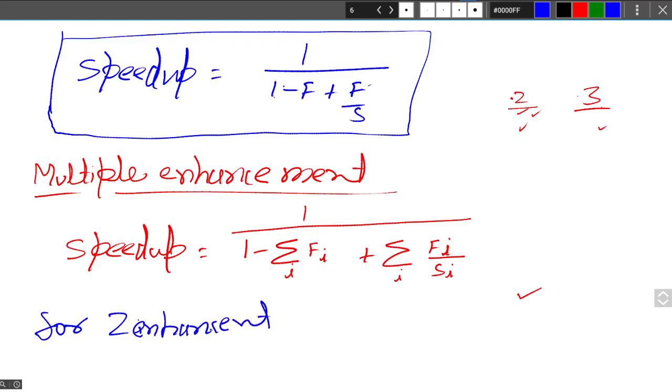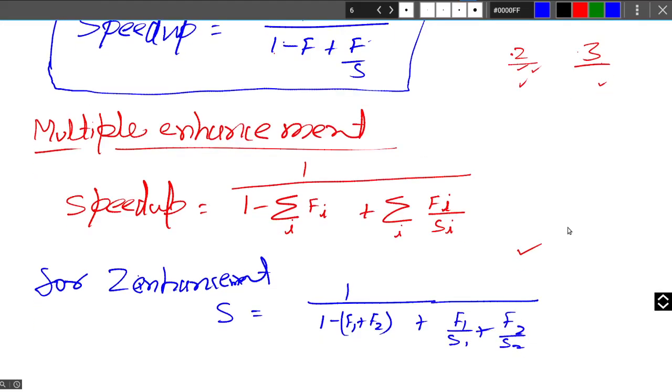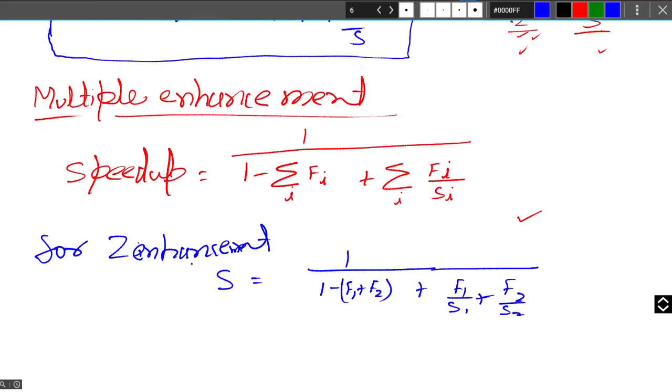For two enhancements, the formula will be speed up is equal to 1 upon 1 minus f1 plus f2, plus summation of this thing, so it is f1 upon s1 plus f2 upon s2. That is very simple, this is for multiple enhancements.